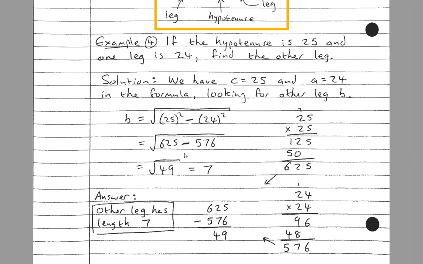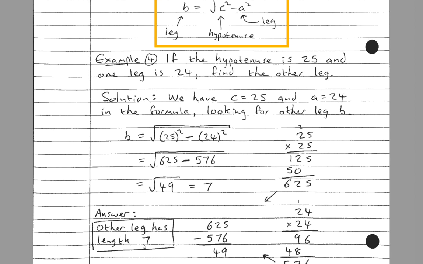So it's the square root of 49. Which number squared gives you 49? That's 7. So b is 7, so that's the other leg we were looking for. Spelling out our answer, the other leg has length 7. All we knew is that it's going to be something less than 25, so certainly 7 is smaller.